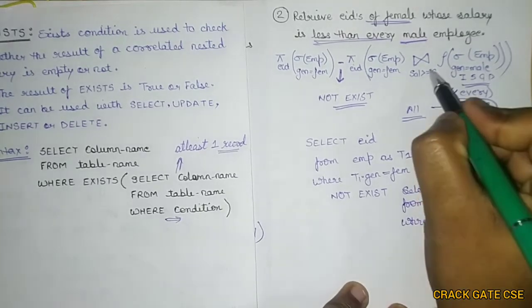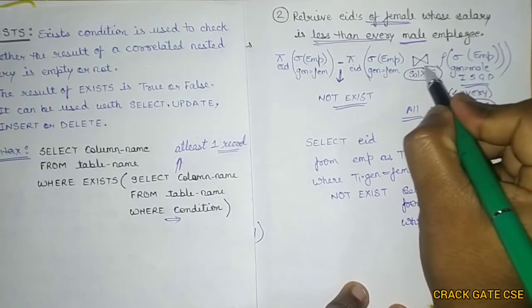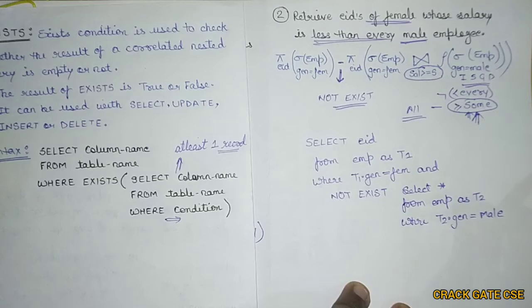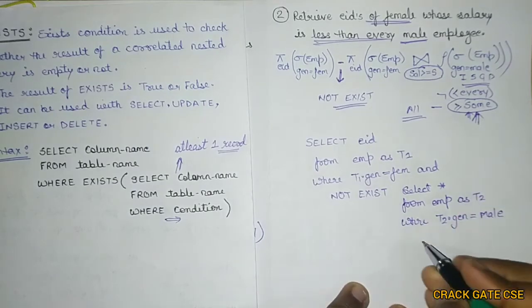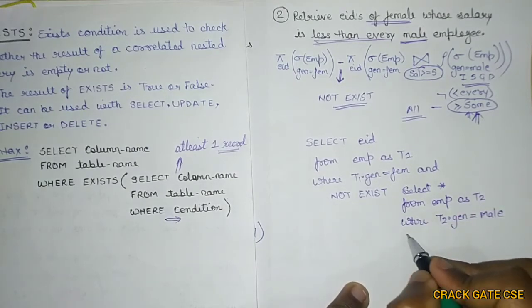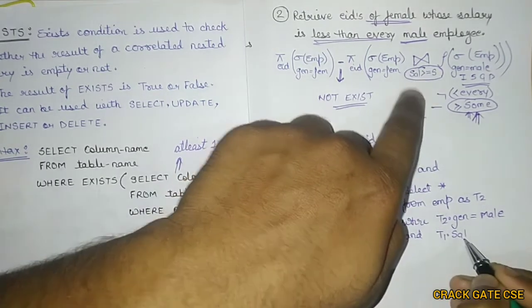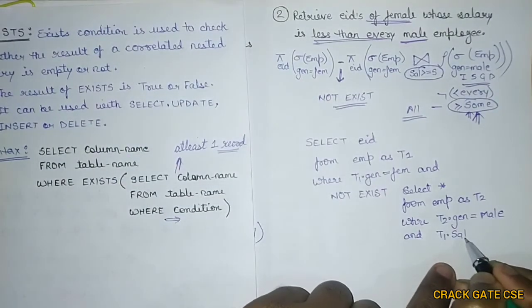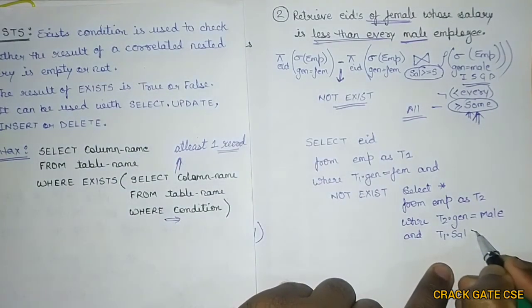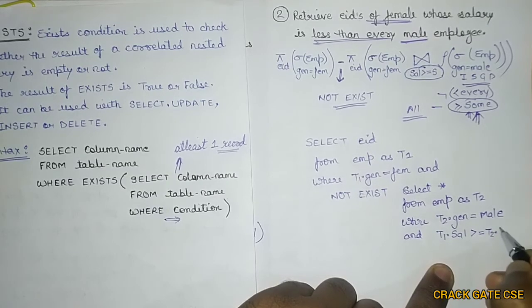If this condition satisfies, we have to take care of the join condition, which will be handled in the correlated query or the nested subquery. And the other condition is that T1 dot salary, this salary is from the T1 record, has to be greater than or equal to T2 dot salary.